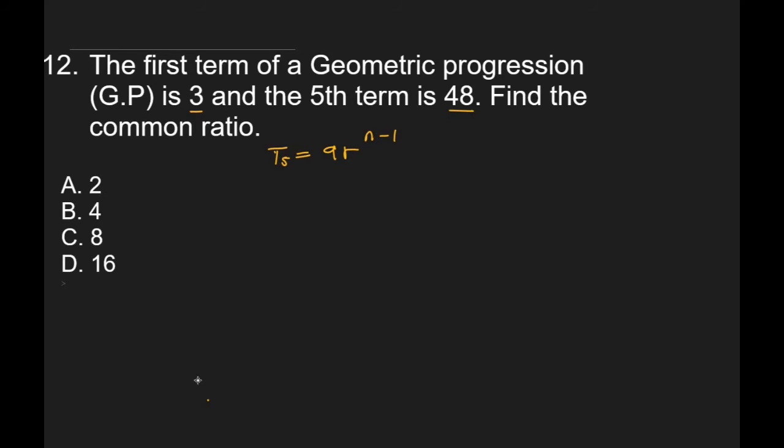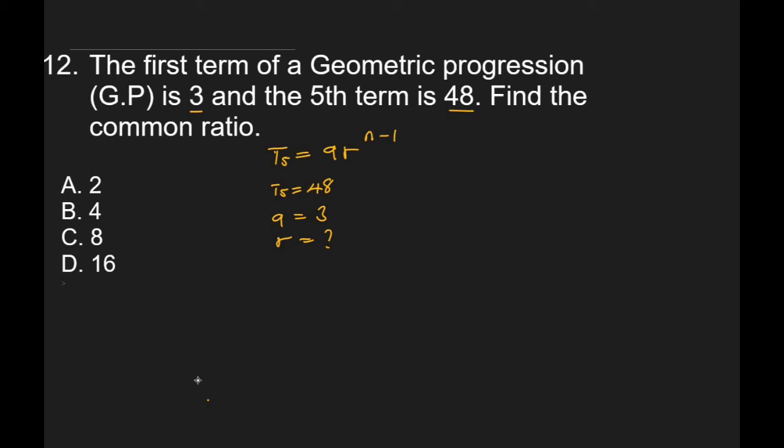Now, that will mean that the fifth term, T5, is equal to 48. The first term was given as 3. The common ratio is what we need to find.